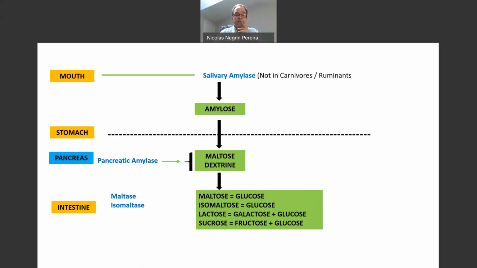So maltase and isomaltase act on both maltose and isomaltose, producing glucose, as we saw. Lactose is digested by lactase, producing the galactose and glucose we mentioned before. And finally, sucrase acts on sucrose to give us fructose and glucose.